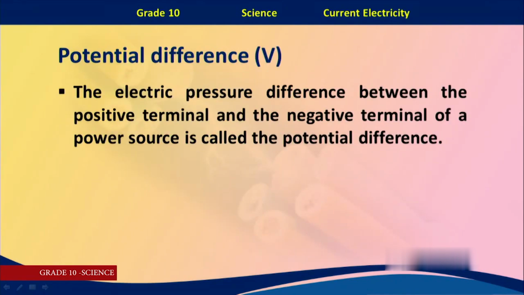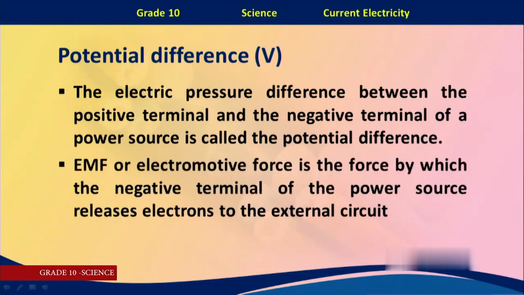The electric pressure difference between the positive terminal and the negative terminal of a power source is called potential difference. There's another term called EMF or electromotive force. It is also measured by the unit volt. Potential difference is also measured by the unit volt.